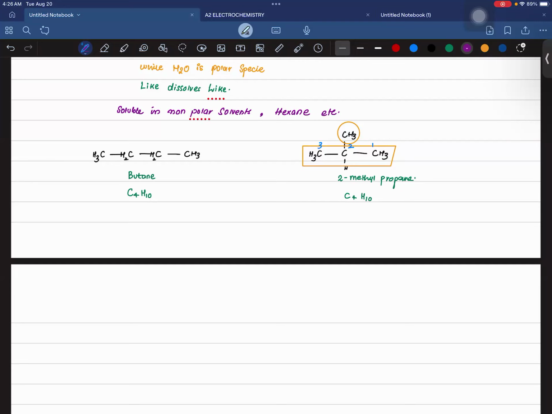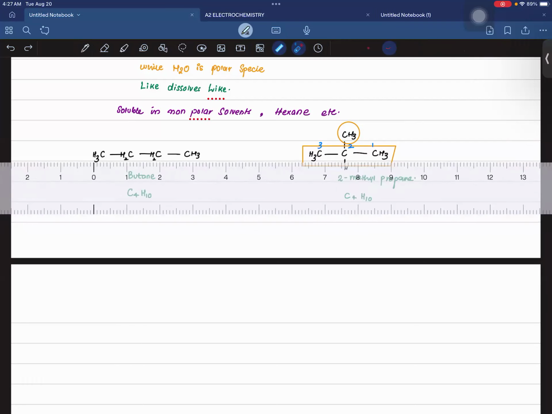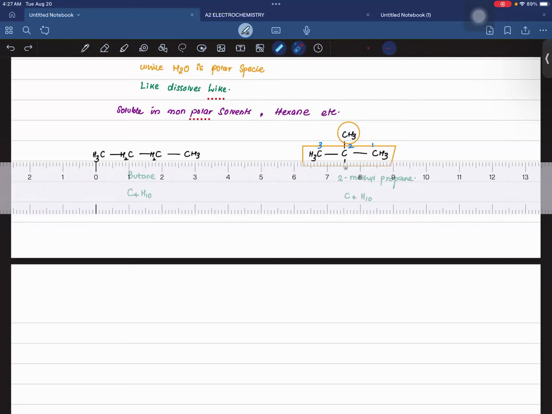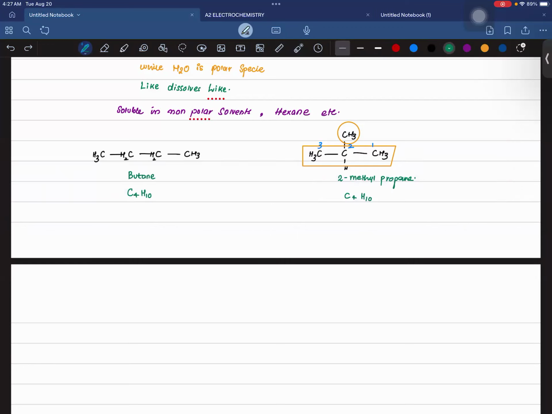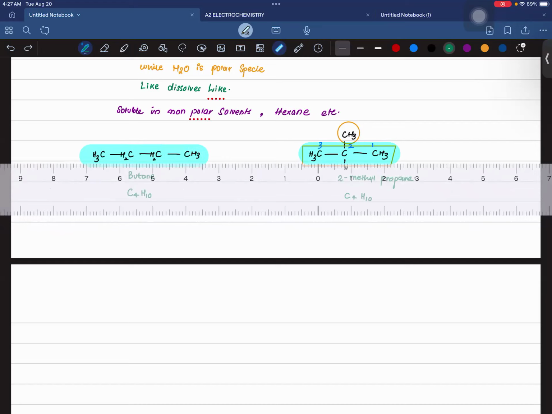Why? Because I told you that intermolecular force depends on two factors. The first one is the number of electrons, and the other one is the surface area. Let's suppose this one is occupying 3.2 centimeters, and this one is occupying just 2.2 or 2.3 centimeters, something like that.